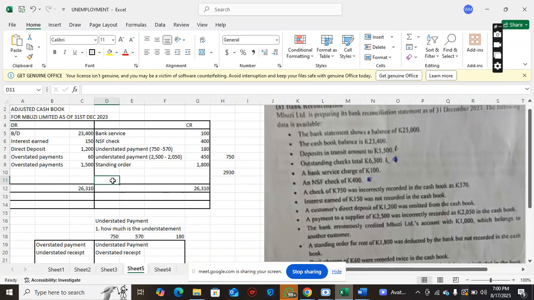So balance carried down: 26,310 minus 2,930, you get 23,380. Okay, and this is the balance brought down. Any questions before we go to the reconciliation statement?